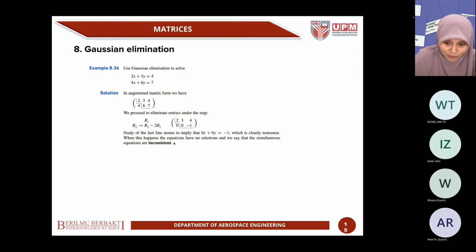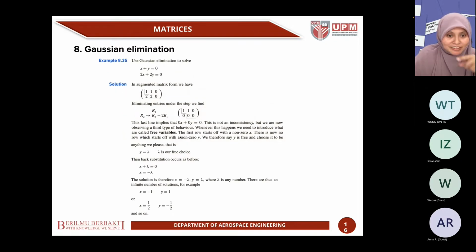So we conclude that these simultaneous equations are inconsistent. There is no answer for x and y, which means the first equation and the second equation do not have the same x and y. So it is inconsistent.